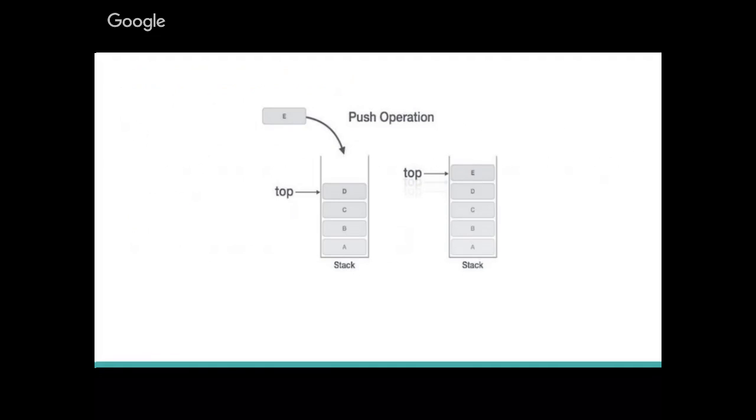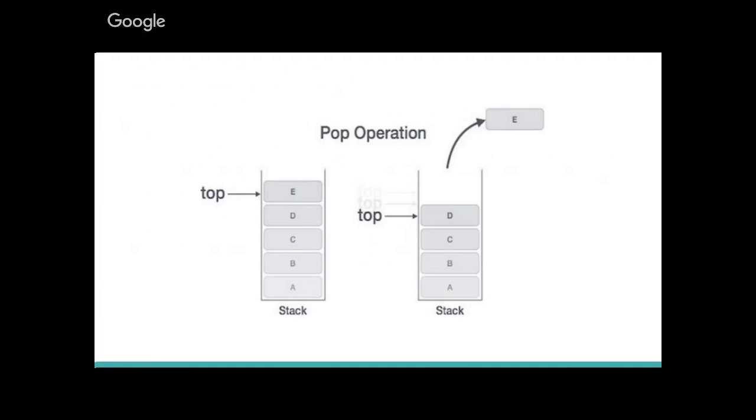In this diagram, we have shown the push operation. The element is going in and the top is moving up to the element being added, that is E. Similarly, in the pop operation, if the element E is removed from the top of the stack, the top will point to the next element, that is D. So every time you write a program to do insertion and deletion on a stack, make sure your top moves when you add or delete elements.